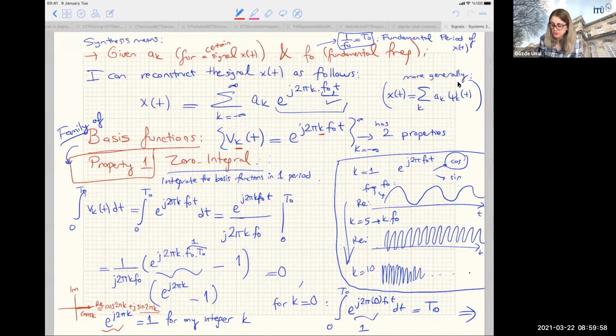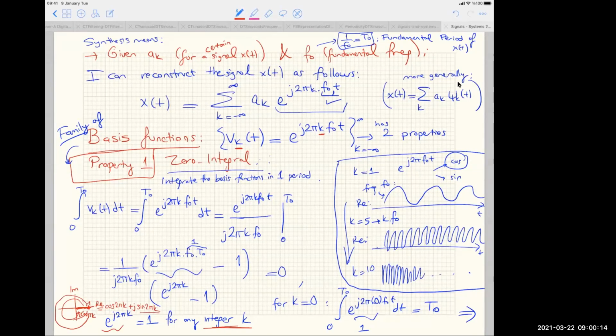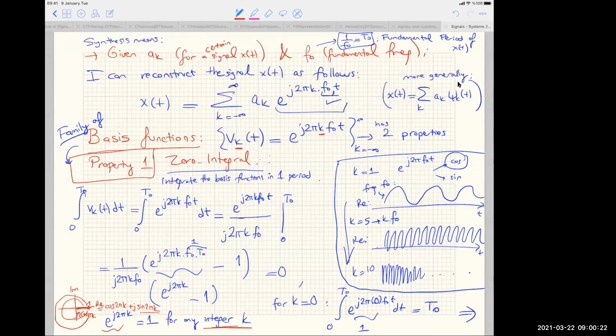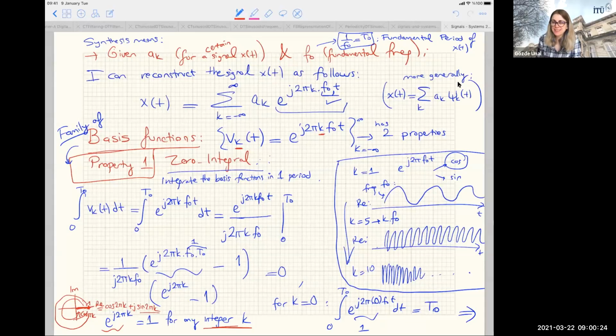For k equals 0, it's 1. For k equals 1, cosine 2 pi, I'm back here. Cosine 4 pi, I'm back on 1. It's because 2 pi is the period of this signal. Exactly. It's good you asked. Thank you.